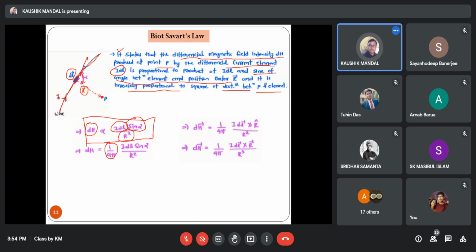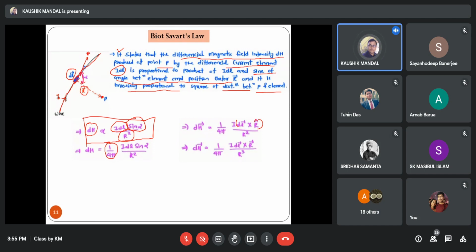On the right hand side, dl is the differential element in the corresponding conducting wire, and the sine alpha term makes it the dl cross R. It is I dl sine alpha, so it is nothing but I dl cross the R vector, where R is the unit vector.